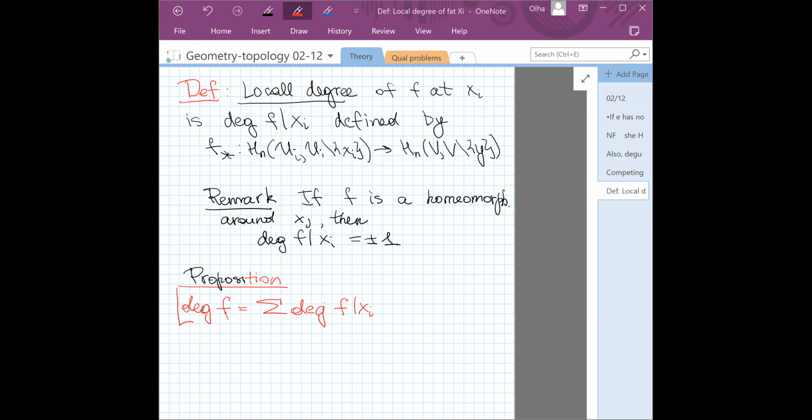We have a function f, and we're doing pretty much the same thing. We're looking at every point of a preimage of a point locally, and then we're adding up either ones or negative ones depending on what the orientation is around that point. And that is pretty much what's happening.